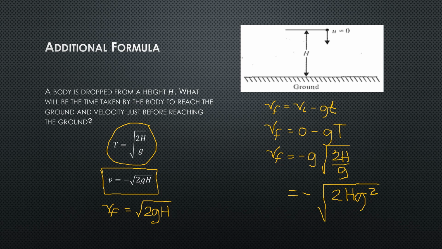Okay, and then all over g. Then simplifying this one, eliminated. So that is the final answer will be negative square root of 2g and then h. So that will be our final velocity.